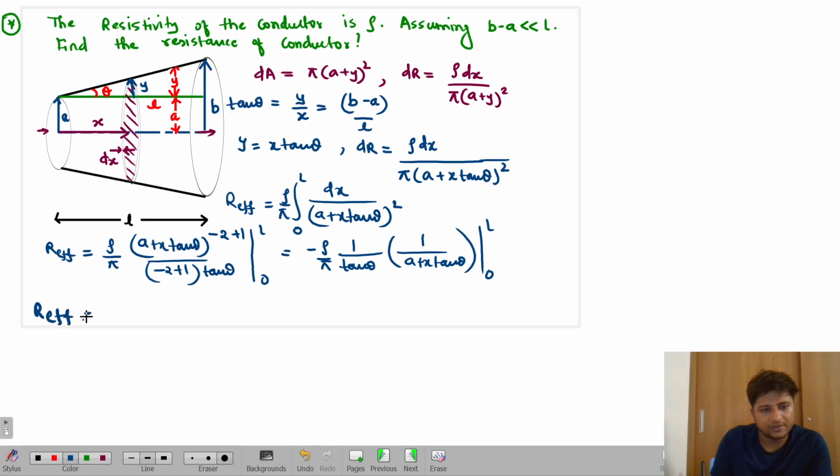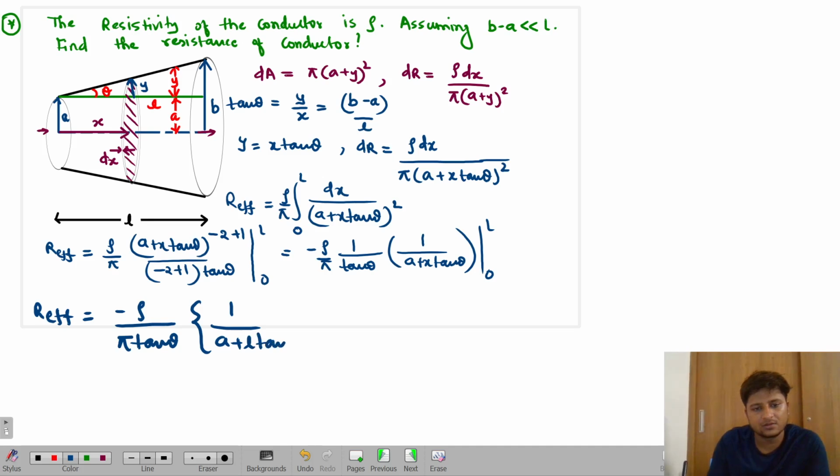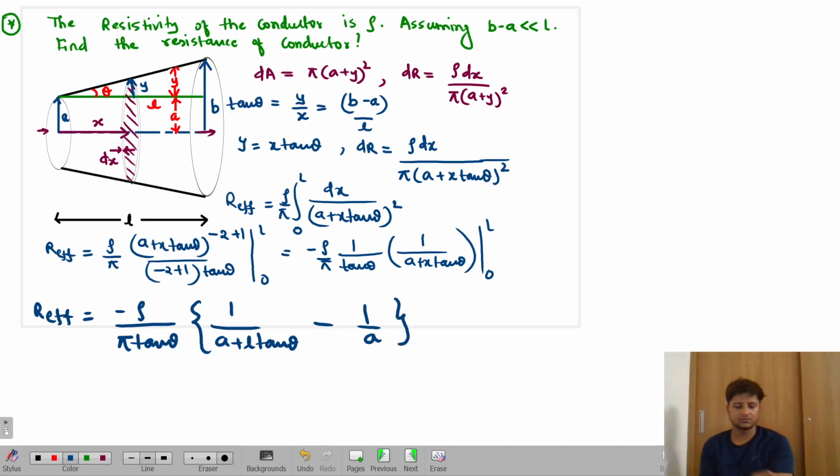So R effective is equal to minus of rho by pi tan theta common, and this will be 1 by (a plus L tan theta) minus 1 by a. Is this going to be my term? Yes, that's correct. I'll not get any other terms.